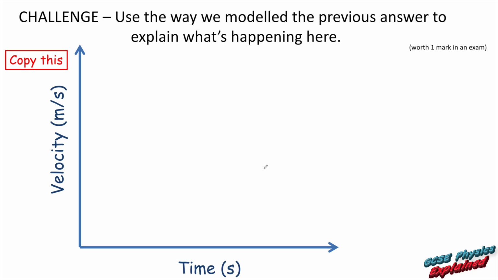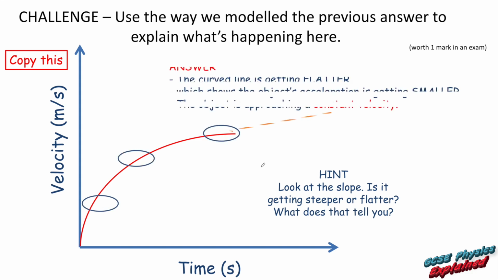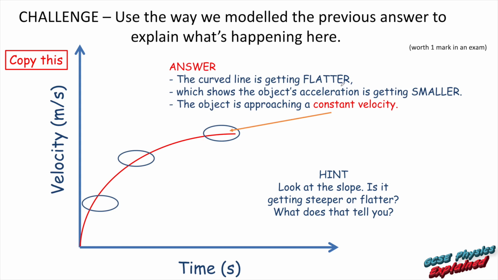All right. Now, use the way that I've just modelled that last question, right? Have a look at this. What's going on with this? Well, a little hint. Once again, look at the slope. Is it getting steeper or is it getting flatter? All right. So is this getting steeper or is it getting flatter? Well, the curved line's getting flatter, which shows the object's acceleration is getting smaller.